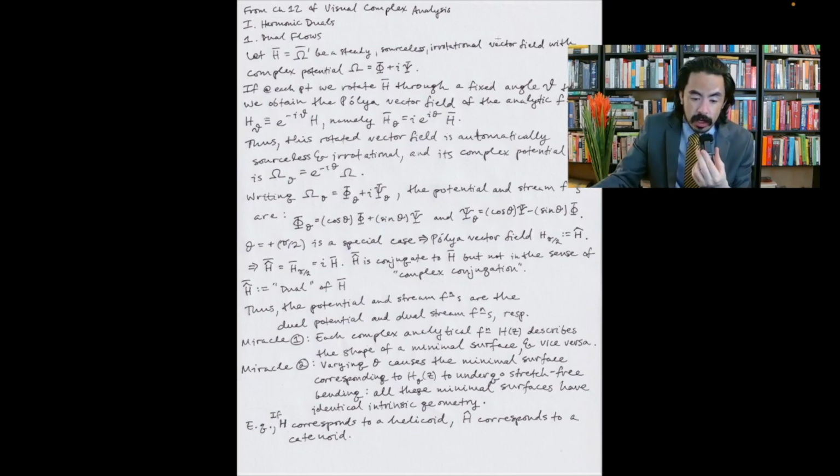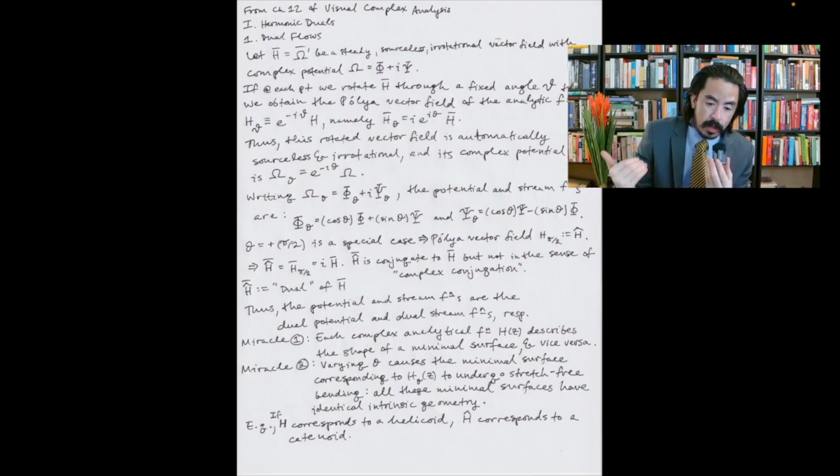The second miracle then is that varying this theta causes the minimal surface corresponding to capital H sub theta of z to undergo stretch-free bending, and all these minimal surfaces have identical intrinsic geometry.